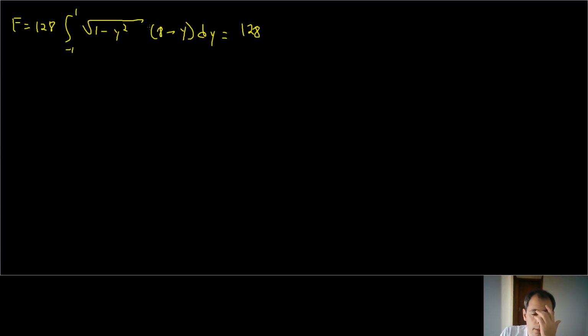Well, 8 is just a constant, so I'm going to take it out of the integral. So 128 times 8, right? 6, 16, and 6, 22, 8 and 2, 10, right? There's another way of looking at this. This is 2 to the 7th times 2 to the 3rd, which is 2 to the 10th, which is 1024.